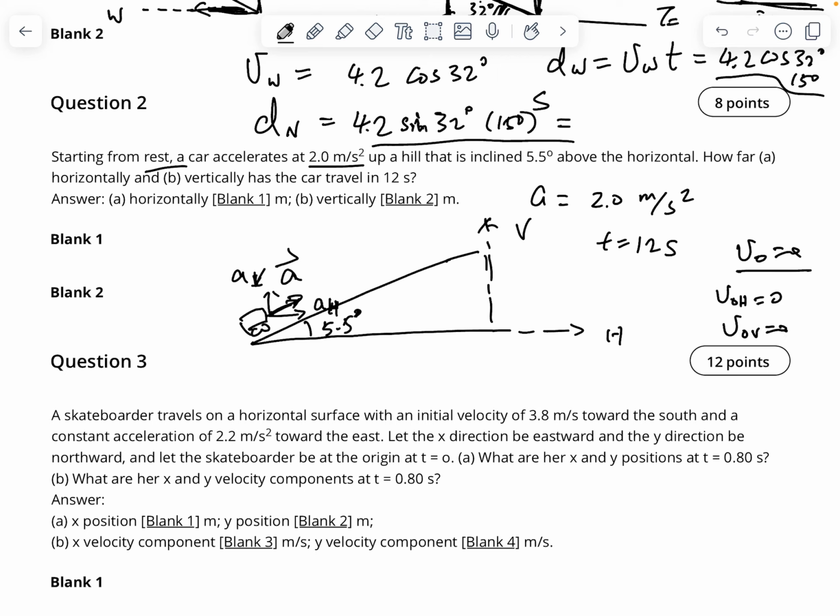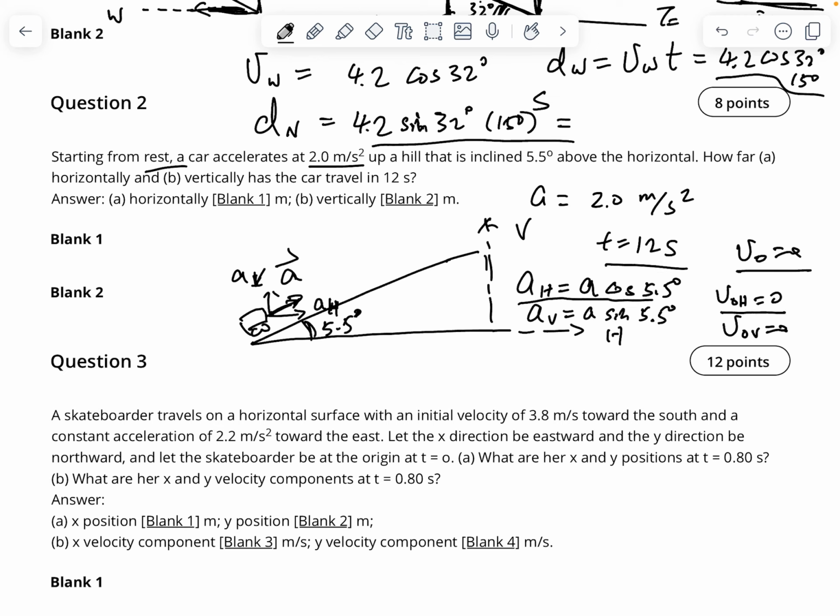Horizontally, your acceleration a_h equals a cosine 5.5 degrees, and vertical equals a sine 5.5 degrees.